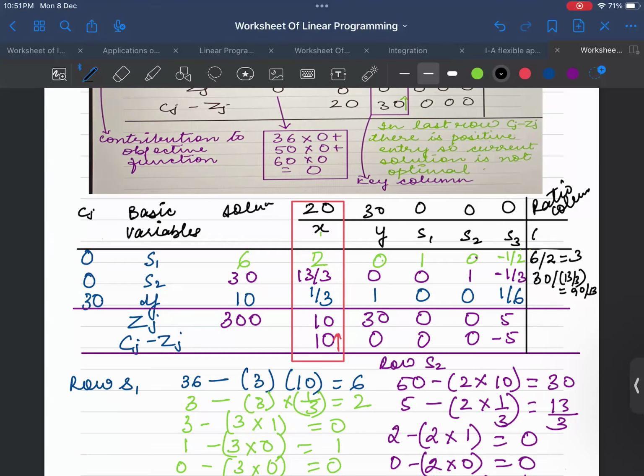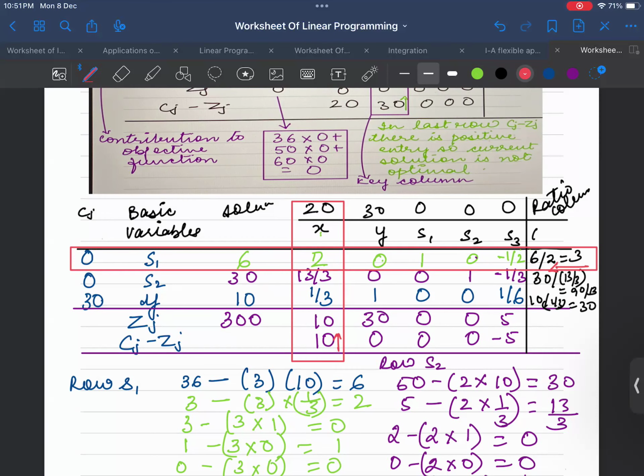Right? Here 10 divided by 1/3 would be 30. So which one is the minimum here? 3 is the minimum. So S1 would be my departing variable.